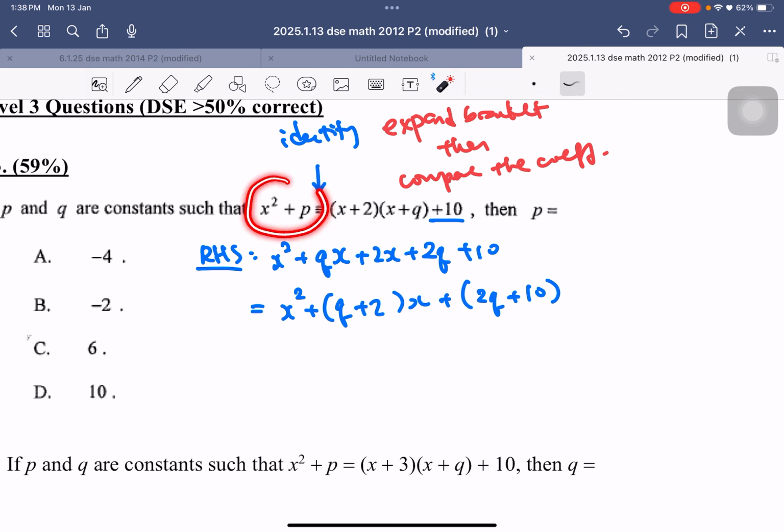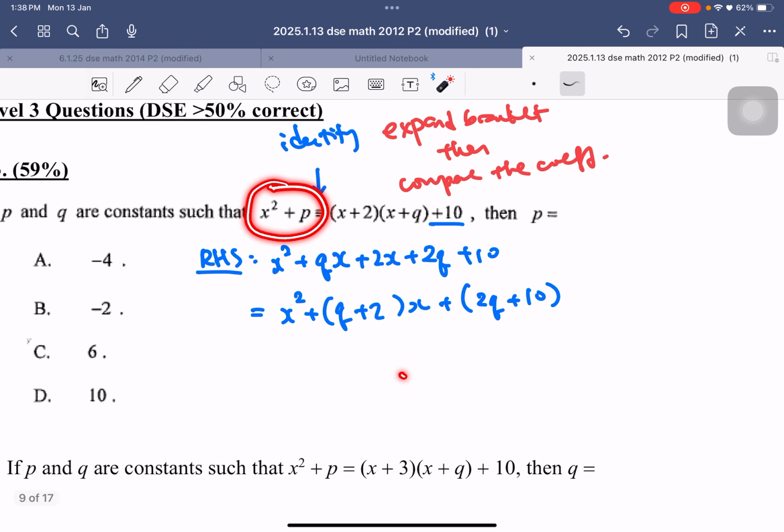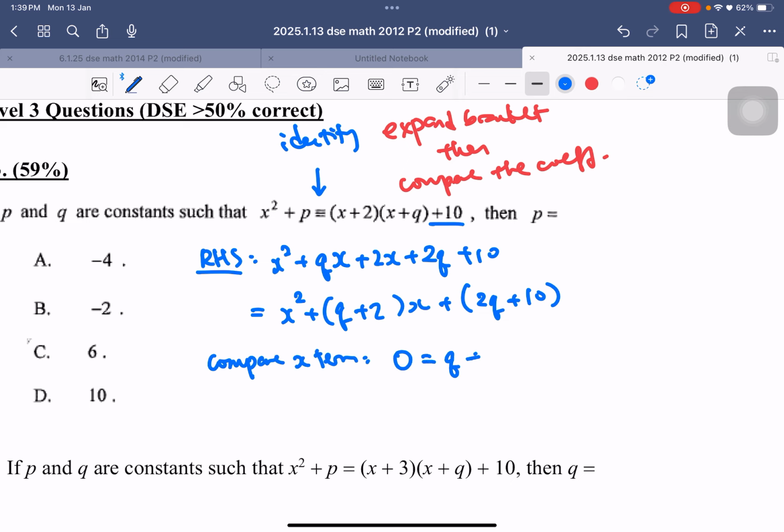What is the coefficient of x squared, Ria? What is the coefficient of x squared here? x squared. Yeah. The coefficient is 1, but this is 1 as well, so we have nothing to compare. And then how about for here? What's the x term? Okay, we have no x term, which means the coefficient of x is going to be 0. So now we compare the x term. We have 0 is equal to q plus 2.